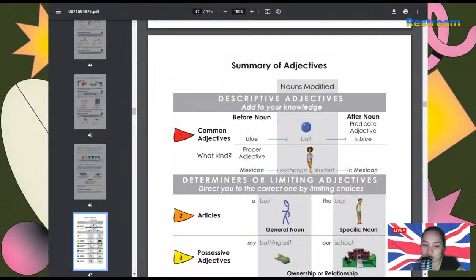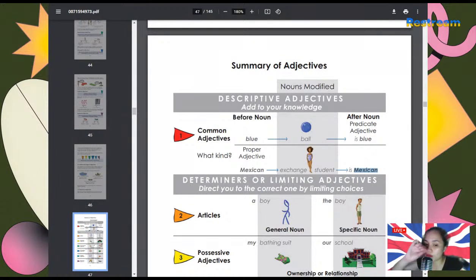The next one is the exchange student. The exchange student here is the noun being modified by the adjective Mexican. We're going to make it into a predicate adjective by adding a linking verb and putting the proper adjective, Mexican.